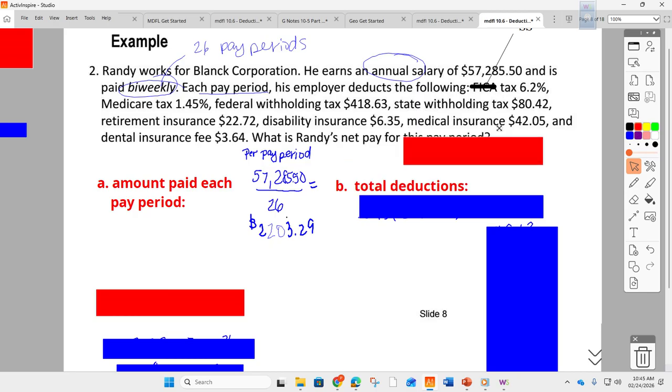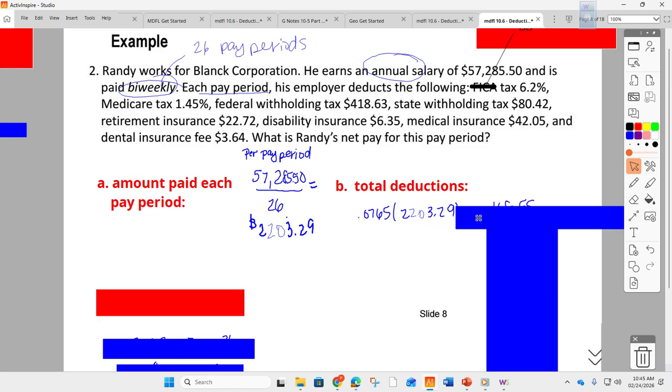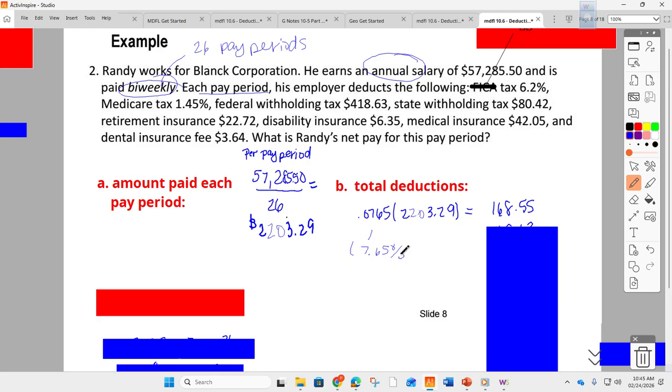So now we're going to find his deductions. Once again, we're taking that 7.65%, or 0.765 is the same as 7.65%, just to remind you. Multiplying it by his income for the pay period, gross income for the pay period, and that's $168.55.